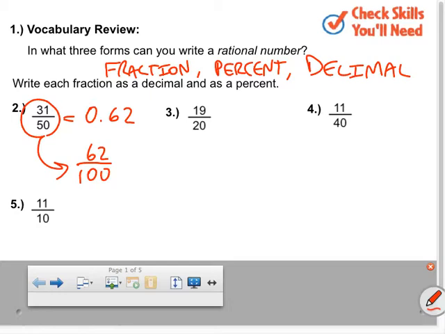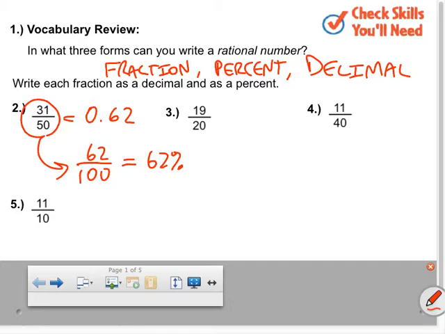And remember, when you have a fraction where the denominator is 100, that's literally what percent translates into. 62%, 62 per 100. Okay? So either method, one method was a little faster than the other, but the go-to to write any fraction as a decimal is to divide it out, long division.